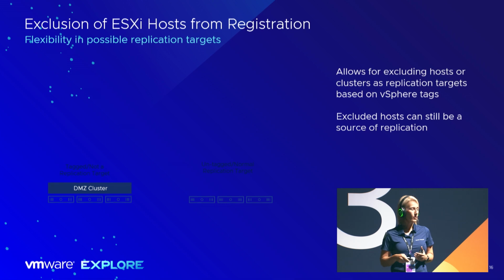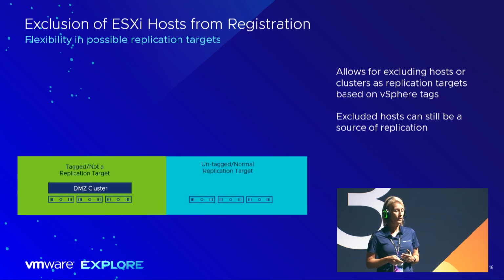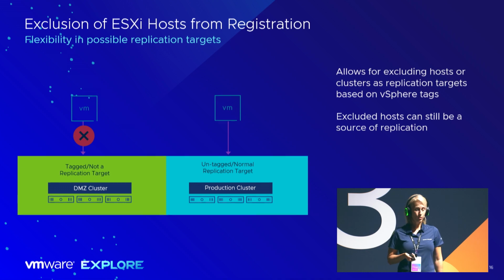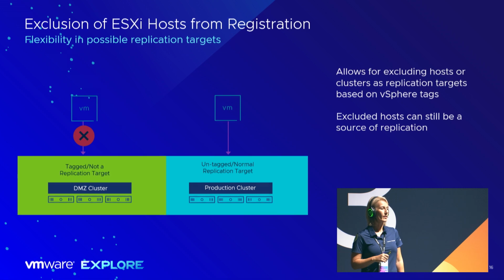And again, with improving flexibility with vSphere replication, this was actually a feature requested from the customers. We have the ability to exclude certain hosts from being registered with vSphere replication. So there are use cases when you want certain hosts to be excluded from vSphere replication.